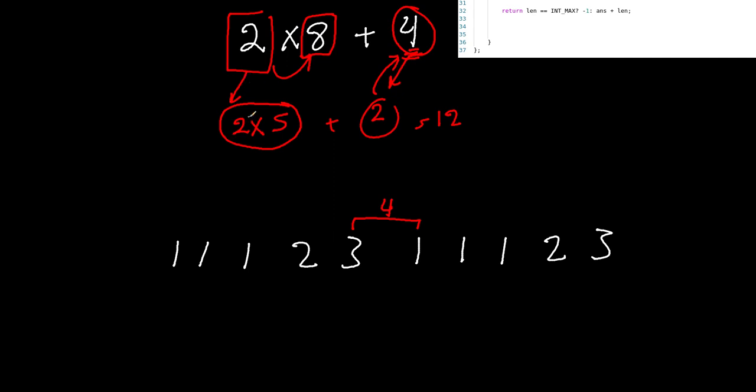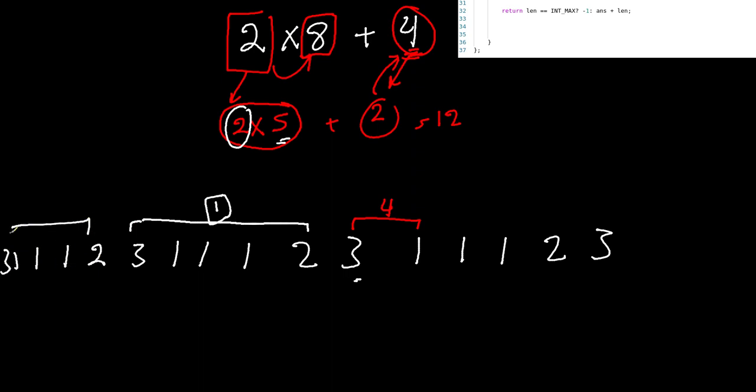Now we need 2 full arrays of length 5. So here we have 2, 1, 1, 1, and we need 3. So this is the first full array, and we can repeat it because we have an infinite array. So this is why the solution works.